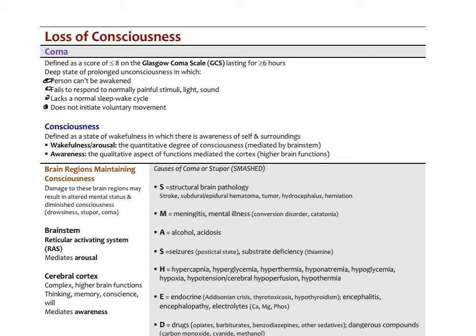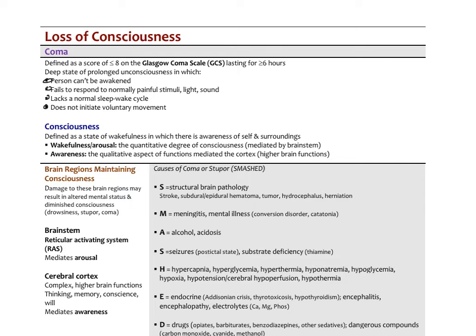Now, by definition in the medical world, consciousness is defined as a state of wakefulness in which there's awareness of self and surroundings. So wakefulness and arousal, it's the quantitative degree of consciousness that's mediated by the brainstem and the reticular activating system, if you remember that. And then awareness is the qualitative aspect of functions mediated by the cortex, so the higher brain centers.